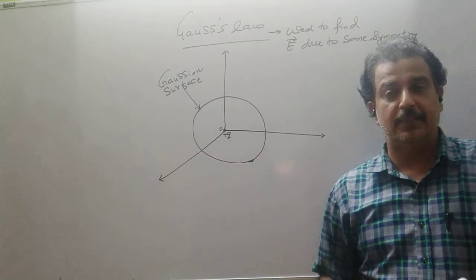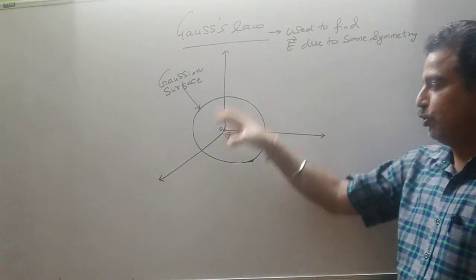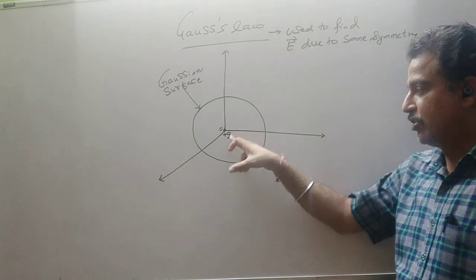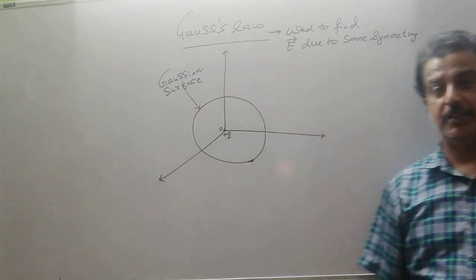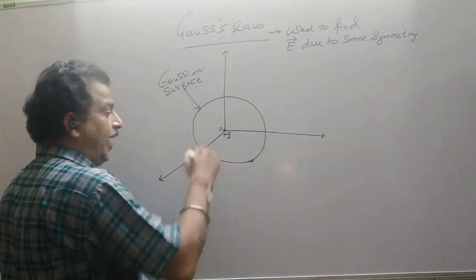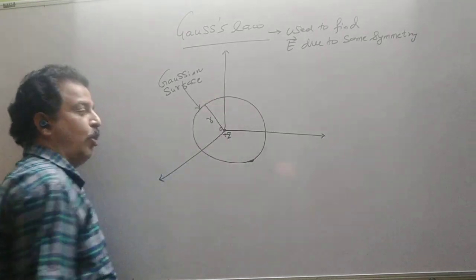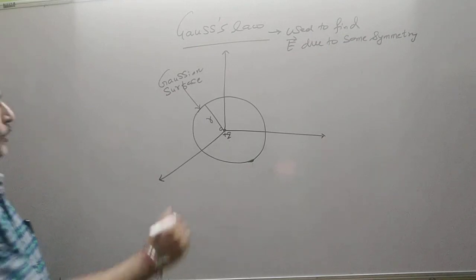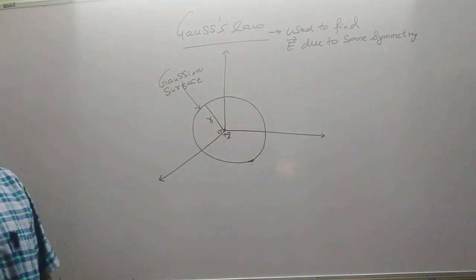Now this surface is purely imaginary. Here the surface is chosen in such a way that the charge is at its center. This is a spherical Gaussian surface and an imaginary surface. Now let the radius of this sphere be denoted by small r. So this is the radius of the Gaussian surface.